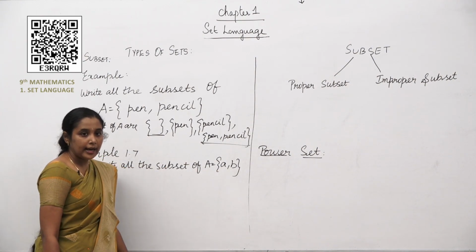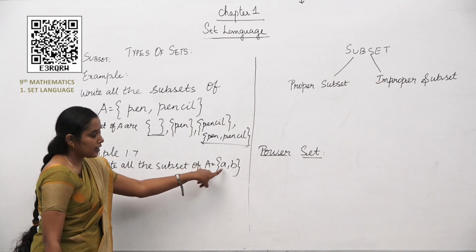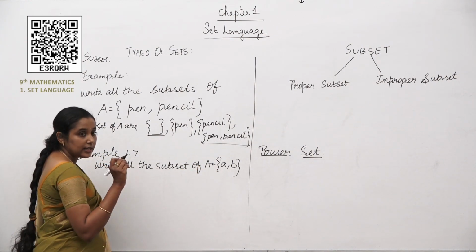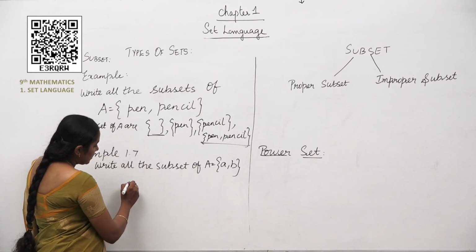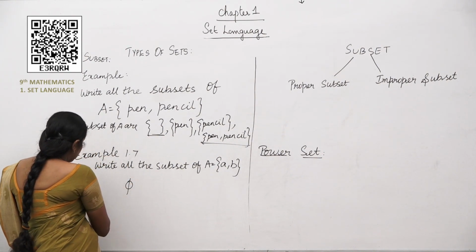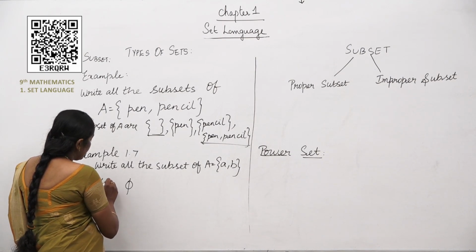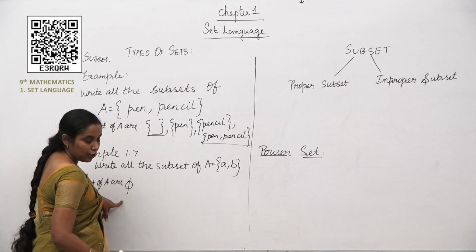A is equal to {A, B}. Elements are given as A comma B. What I said? Empty set is a subset of every set. So subsets of A are: empty set is a subset of every set.